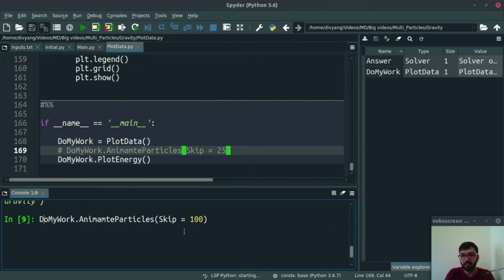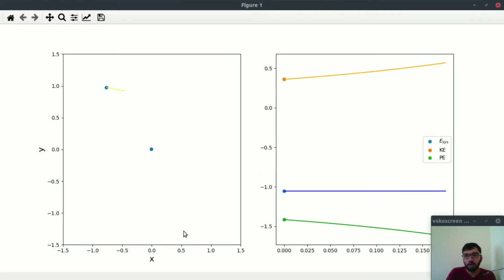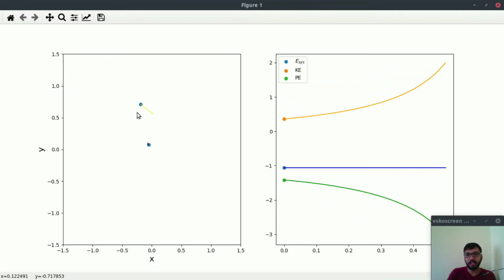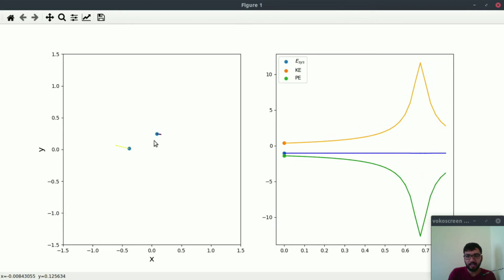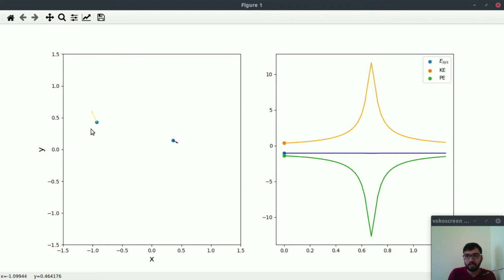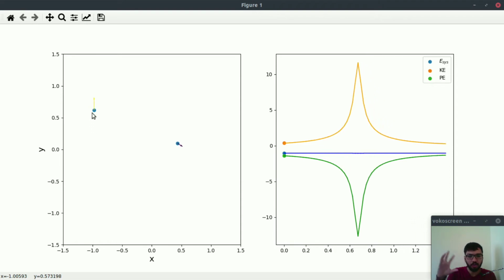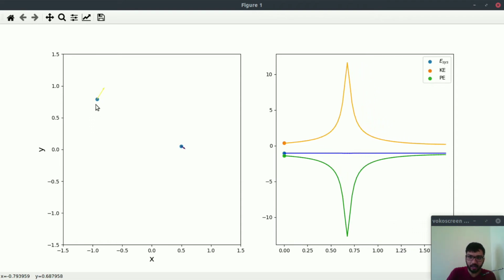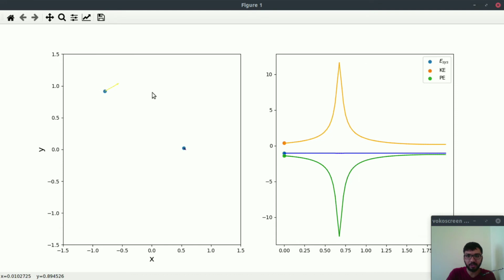Let's study the dynamics of such a system, and let me skip only 25 data points as I want to see what will happen. Okay, so this is our heavy particle, here you can see. So you can see that this light particle is kind of tracing an ellipse, right?